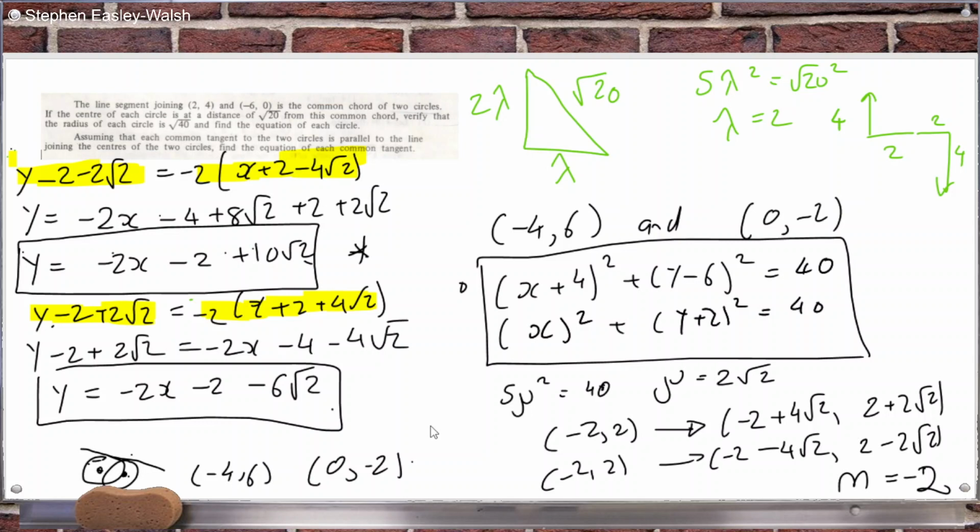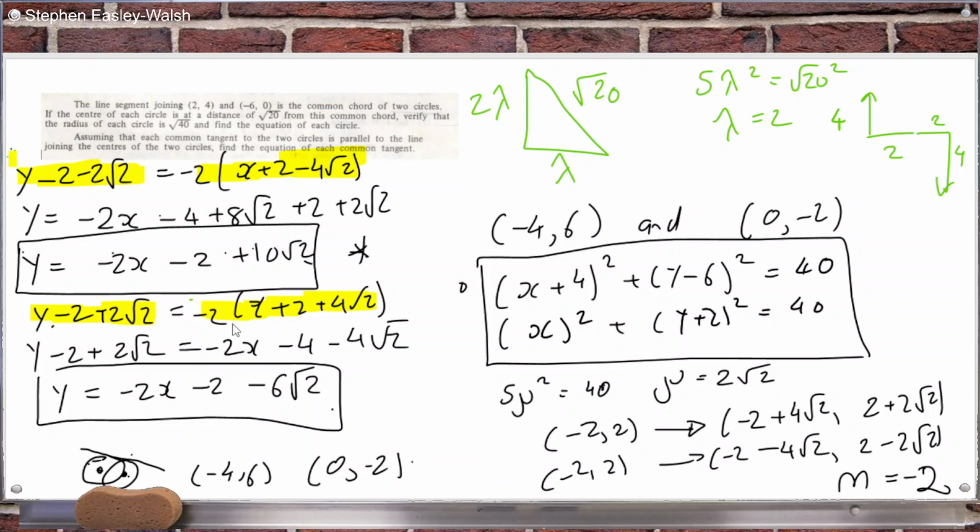So either that line is wrong or I've made a mistake typing it on the calculator. 2 times minus 4 plus 6 plus 2 plus 6 root 2 divided by root 5. Yeah, that's wrong. So I must have made a sign mistake.